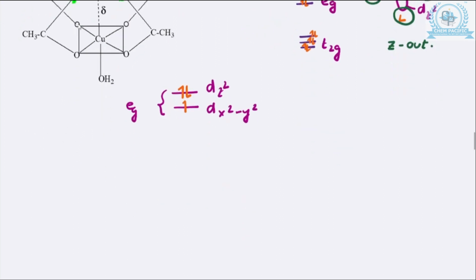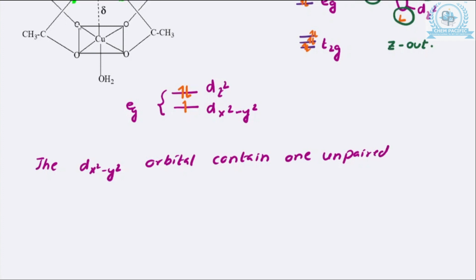Now in this structure, the dx² minus y² orbital contains 1 unpaired electron in the given complex.